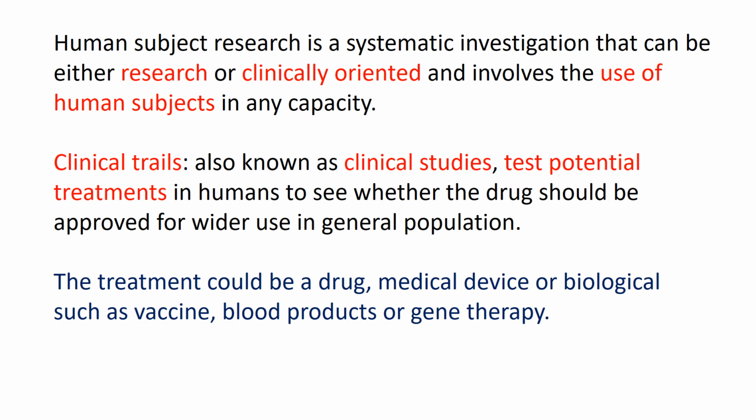If you observe this slide, on the first point, we require human volunteers. Second point, we need to conduct clinical trial. And third point, the treatment could be a drug, or we may be testing a medical device or any vaccine.